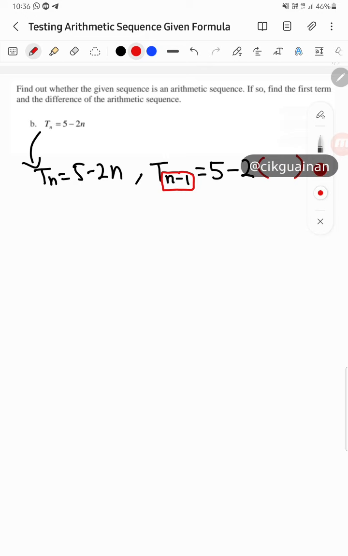Because from Tn, you see the n next to 2, right? The n next to 2 we change into an empty bracket, and then fill it with whatever is inside the box down there, which is n minus 1. So copy paste n minus 1 over here. Then you expand: 5 minus 2n plus 2. So we have 7 minus 2n.